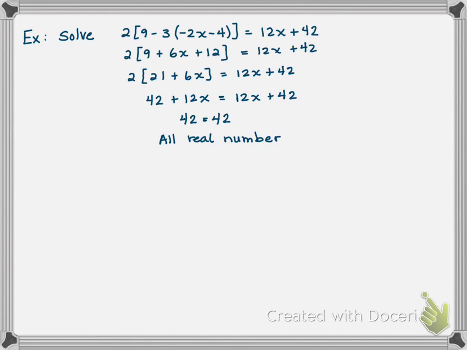Now, if instead of a 42 here, I was solving that equation, we would end up with that, which is never true, right? Which means that no matter what I put in for x, there's no way I can make this equation true. So there's not any number that I can plug in for x to make the equation true, which would mean there was no solution.